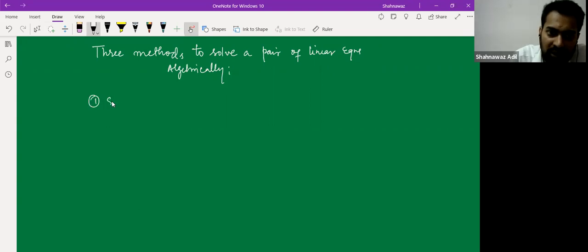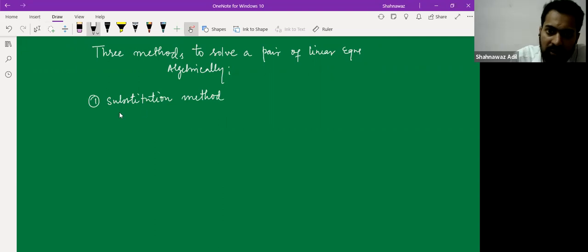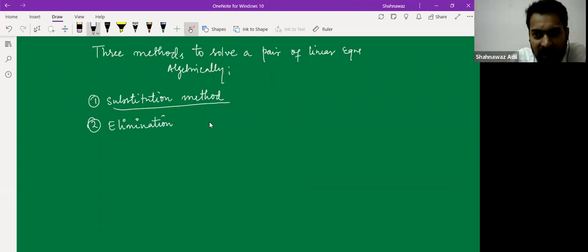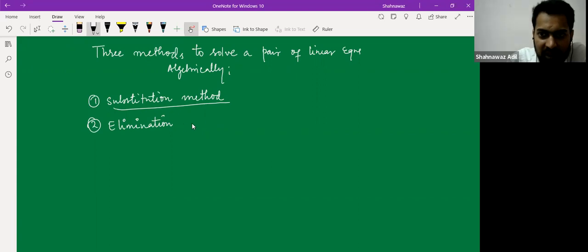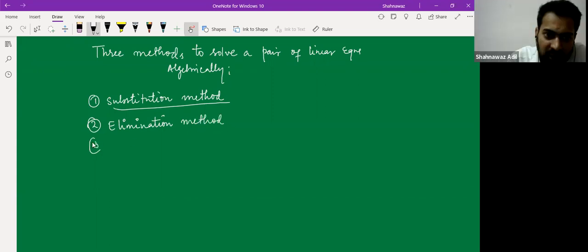One is the substitution method, the other one is the elimination method. And I think the splitting method as well. No, the splitting method is the quadratic one, the middle term splitting. So the elimination method, and the third one is the cross multiplication method.